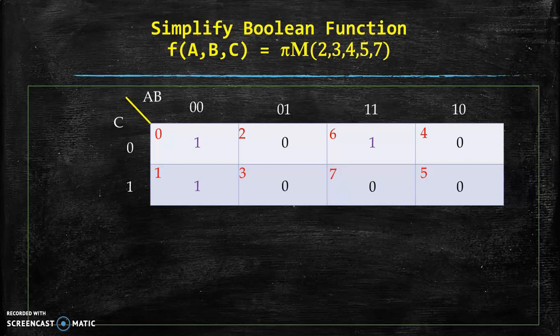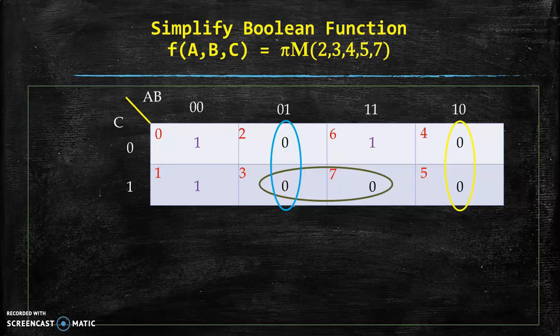Now we have to prepare groups. And in case of POS type of Boolean function, in the K-map, we prepare groups of zeros. So now, here we can see that a quad is not possible. So we go for one vertical pair, another vertical pair, and one horizontal pair, with overlapping possible.